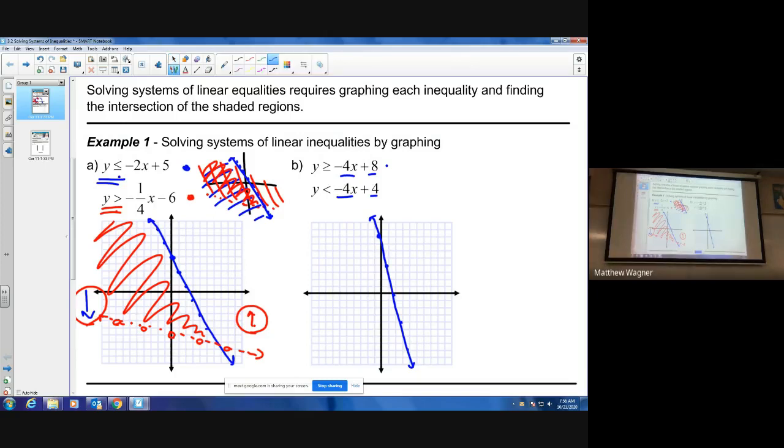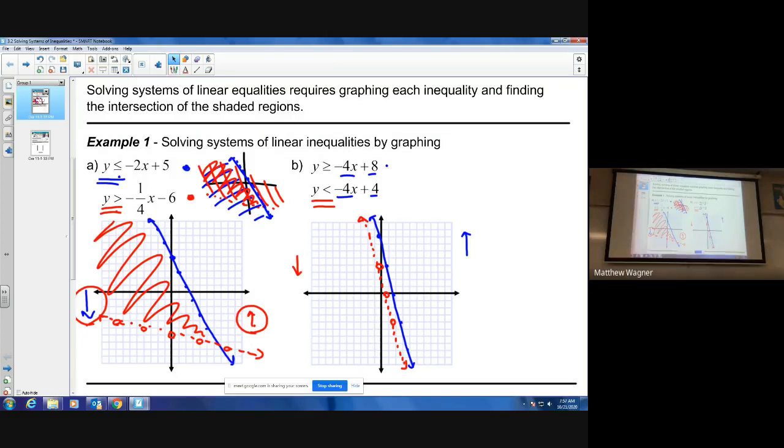And this one, we're looking for y's bigger than, so I'm shading above this line. If I go to the next one, 1, 2, 3, 4. This one here, y is less than, so below.